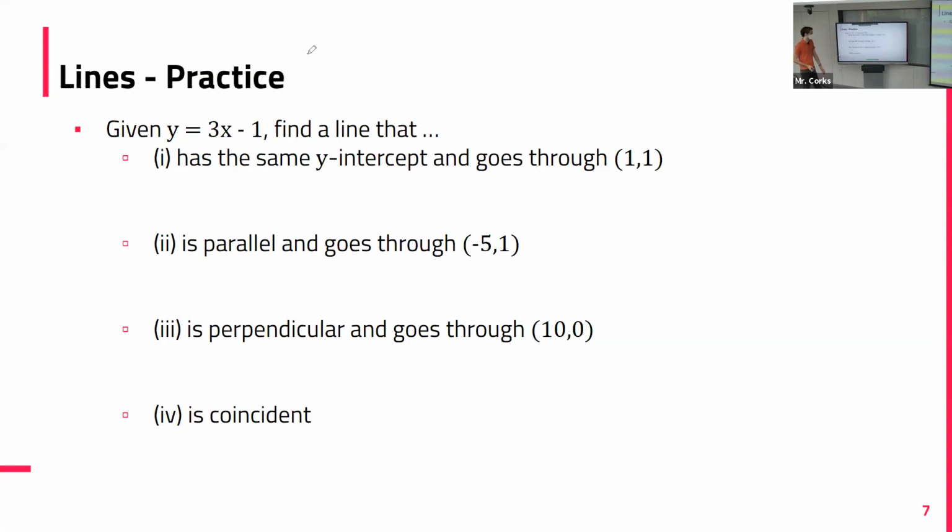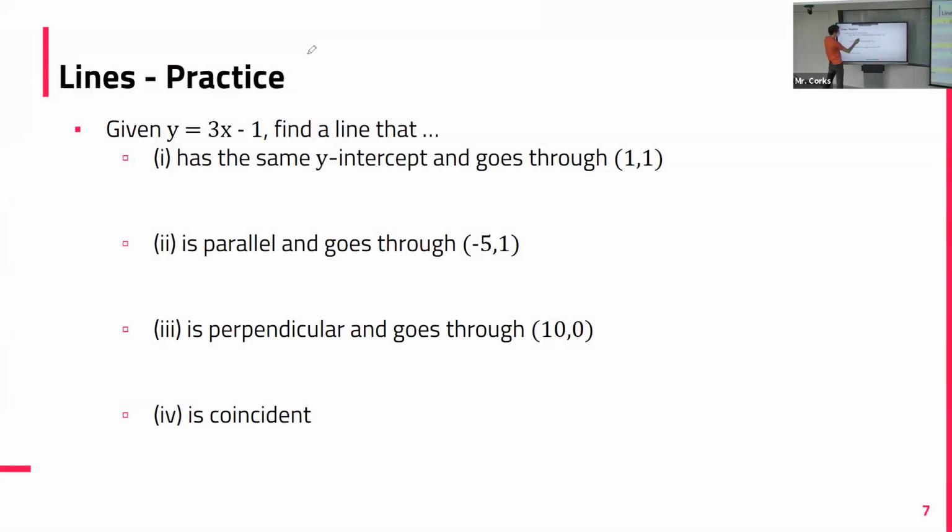So we figured out how to do that. It's parallel, so same slope but goes through this other point. We did more of that in the workshop last week, and that was on homework. So hopefully most people are feeling reasonably comfortable with that.